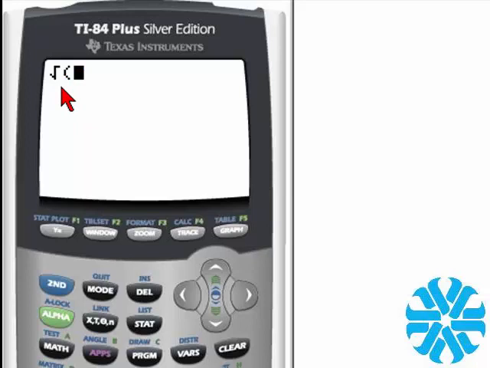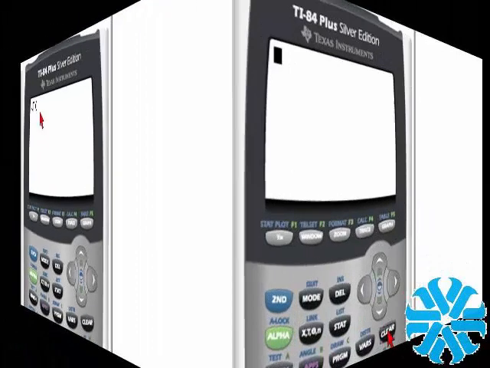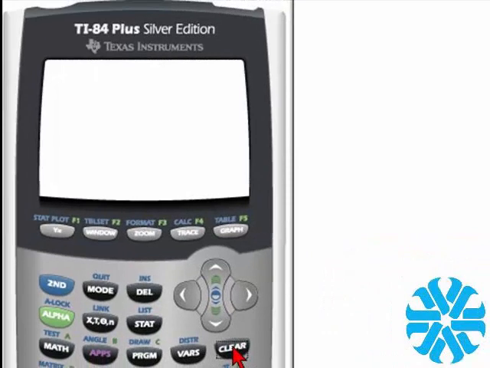If the parenthesis is not there, you can only take the root of a single value. Remember, the only time that the parenthesis is not automatically put there is for the nth root.